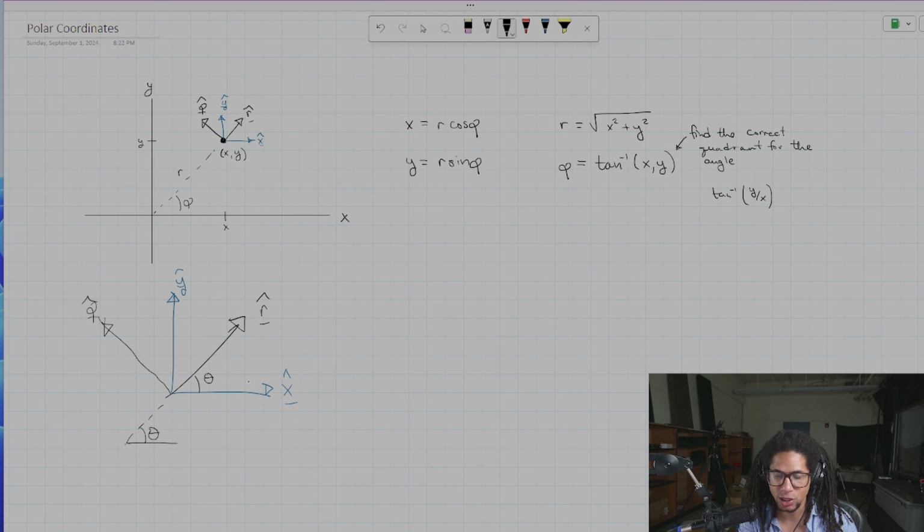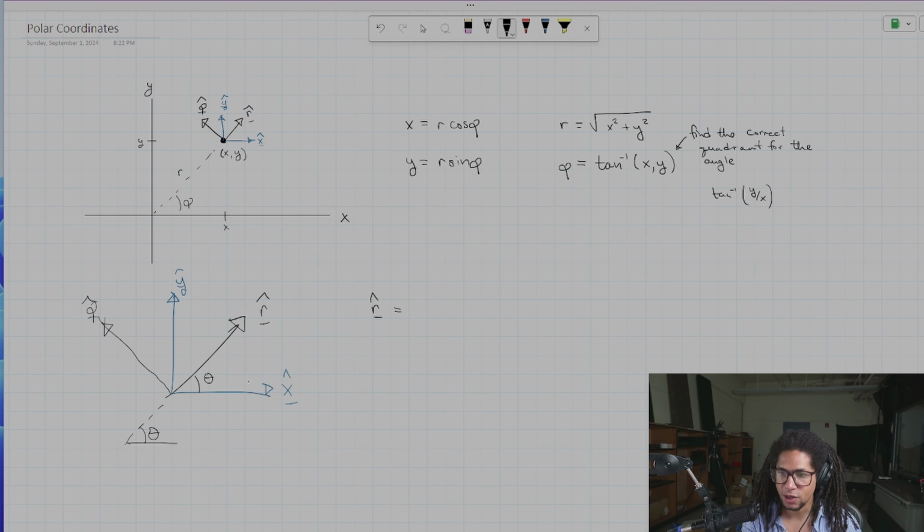That's going to allow us to project r hat onto x and y. R hat will equal, well, what's the length of this line segment down here? It's going to be the length of this hypotenuse times the cosine of theta, since this is the side that's adjacent to theta.